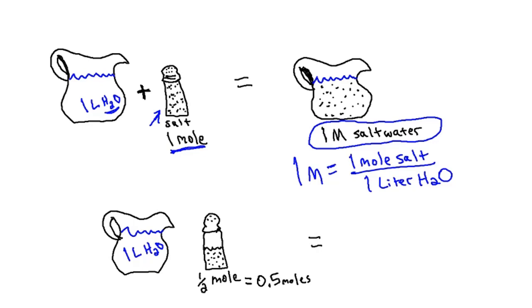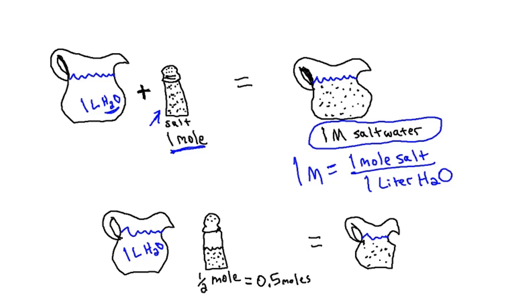Then what's going to be the molarity if we put them together? In this pitcher of salt water, there's going to be a lot less salt, right? There's only going to be half the amount of salt. There's going to be 0.5 moles of salt in 1 liter of salt water.